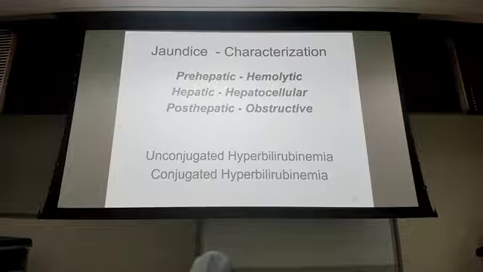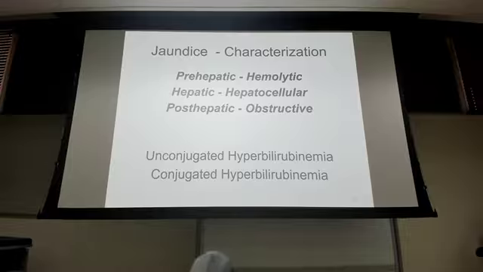Something going on with that flow between the bilirubin and the bile, the liver and the gallbladder, between that conjugation of the bilirubin as it moves into the cystic duct. So, unconjugated hyperbilirubinemia, conjugated hyperbilirubinemia. No difference than when we were talking about bilirubin, whether it was unconjugated or conjugated.